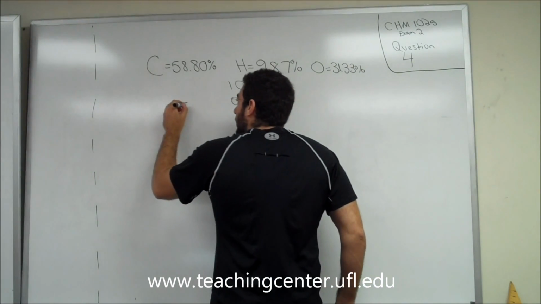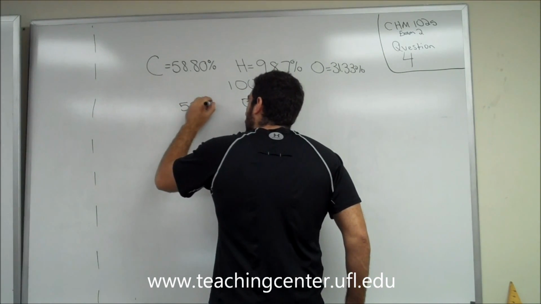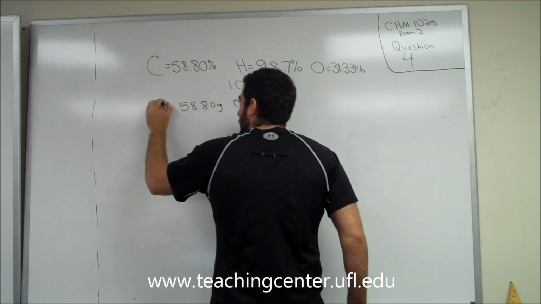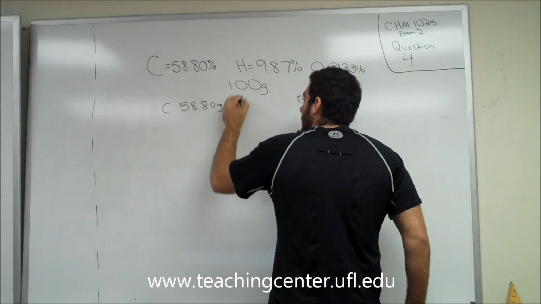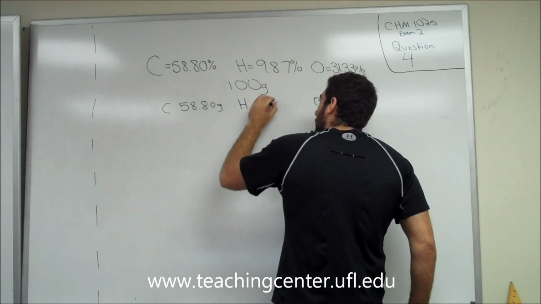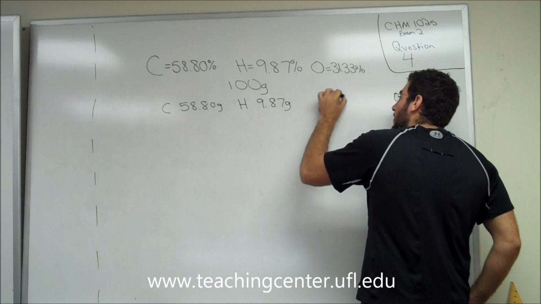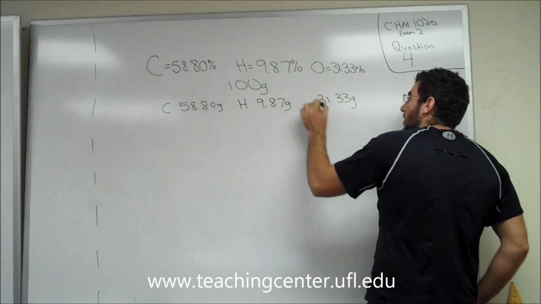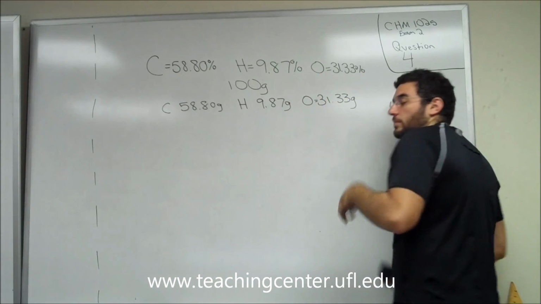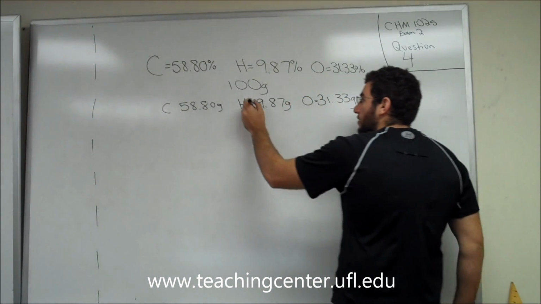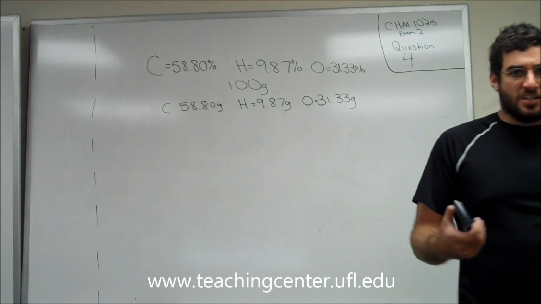So we have 58.80 grams of carbon, 9.87 grams of hydrogen, and 31.33 grams of oxygen.